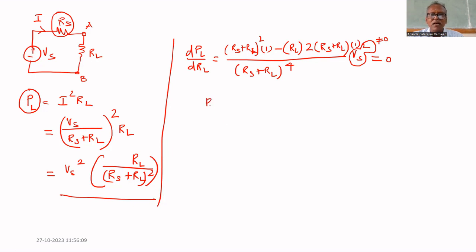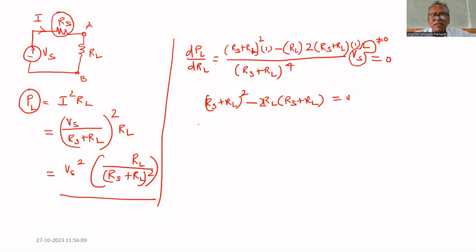So we can write Rs plus RL whole square minus RL times 2 times Rs plus RL, upon Rs plus RL whole square, equal to 0. That means the numerator must be 0, otherwise the denominator must be infinity. Rs plus RL is not infinity, so the numerator must be 0.